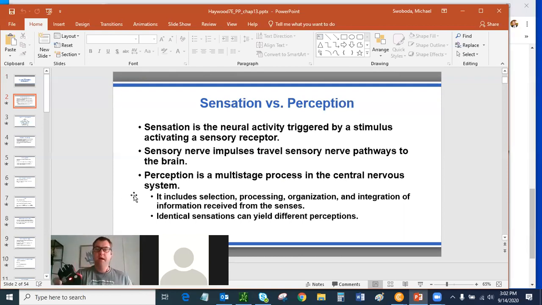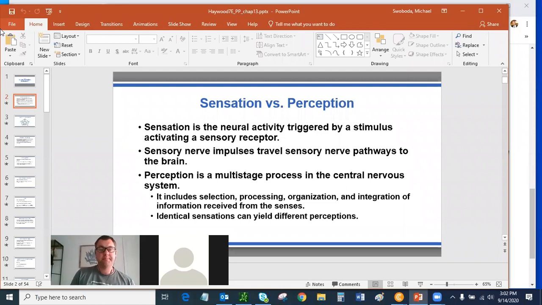When I touch this, my senses tell me how the texture feels. I can feel that there's a rigid, kind of ribbed edge on the side here, and I know that's different than the smooth edge on the top of it. My body is giving me feedback to tell me what I'm experiencing. So I have to have a sensation, an external stimulus.